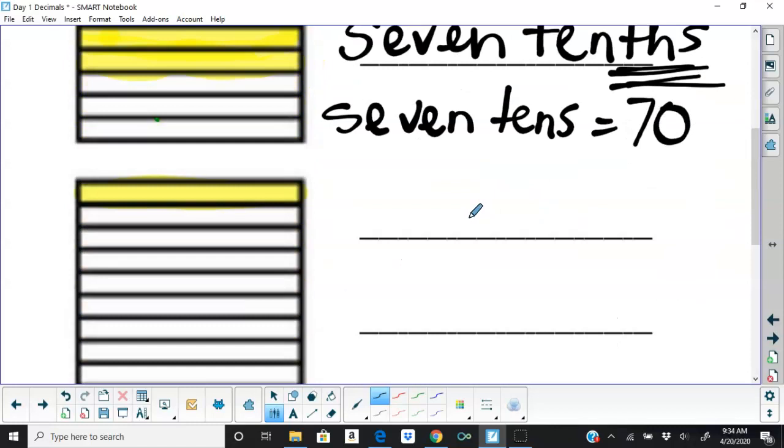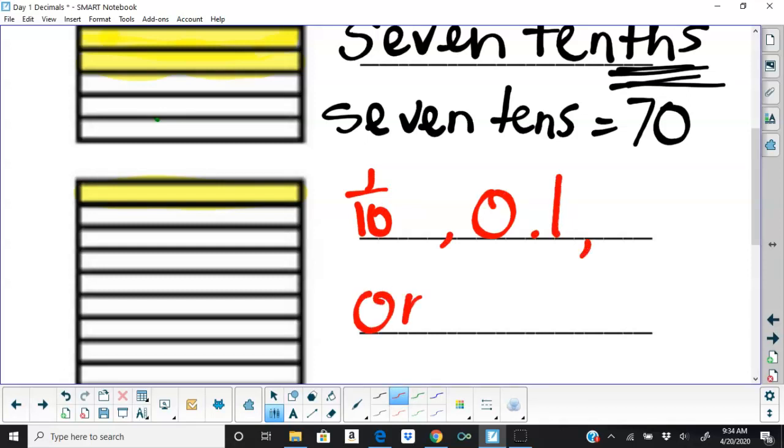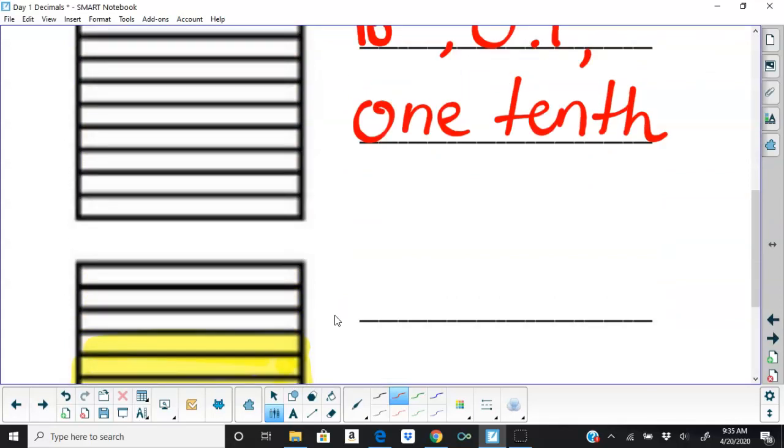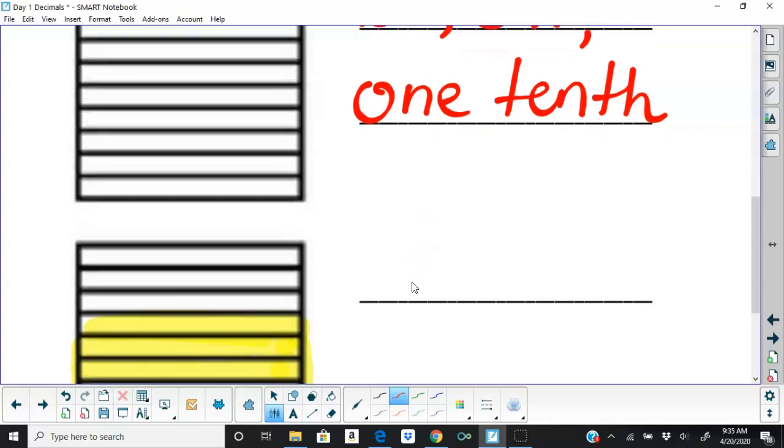Okay, let's look at the next one. All right, so it is 1 tenth, 1 tenth, and 1 tenth. Again, in Google Docs, you're going to be able to type these in. There are text boxes there for you to type in the answers.